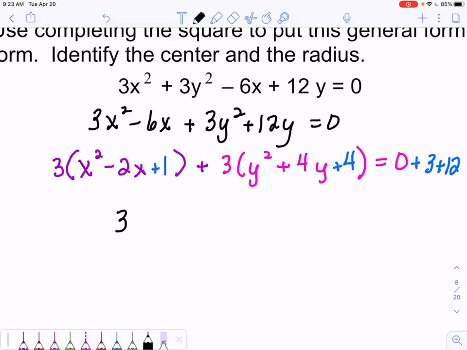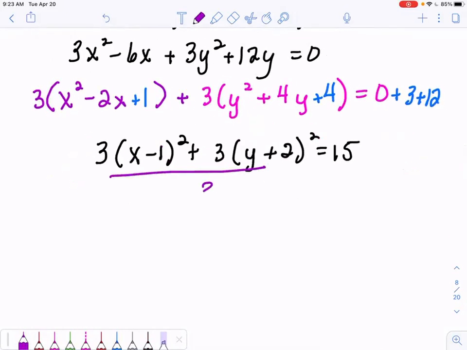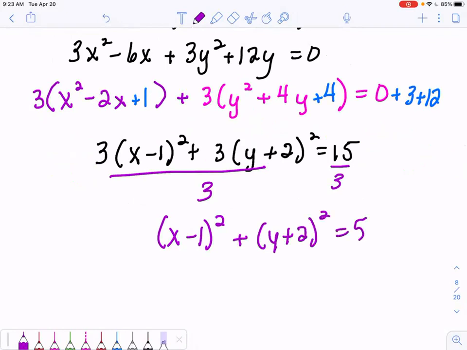So this becomes 3 times x minus 1 squared, 3 times y plus 2 squared, is equal to 15. And then when you get rid of that 3, x minus 1 squared plus y plus 2 squared is equal to 5.